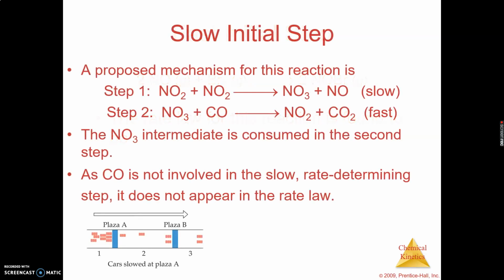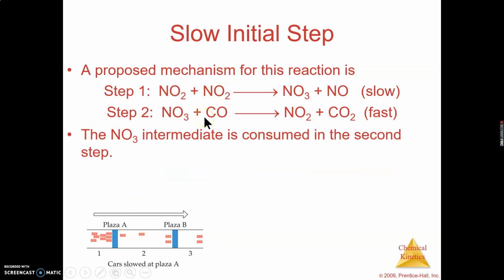Now, if we go back, when we write the rate law, when the first step is slow, if you were to write the rate law for just step 1, you would have NO2 plus NO2, or you could rewrite this as 2 NO2.